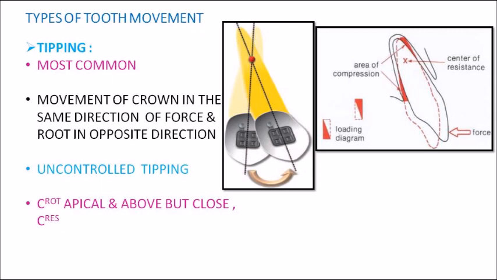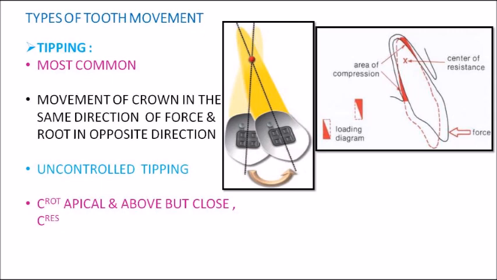Please look at the picture on the right hand side. There you can see the force is applied labially, trying to move the tooth lingually, and the crown portion will be moving in the same direction as the force being applied, whereas the root portion is moving in the opposite direction.